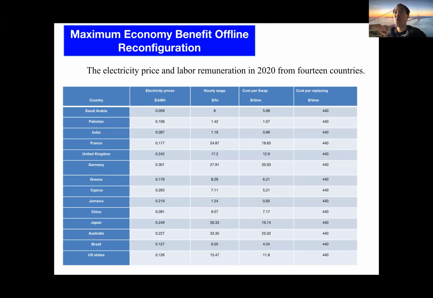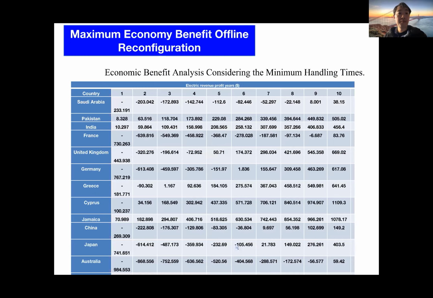Our method works very well in some specific countries, for example Saudi Arabia and the United States, and the United Kingdom also works very well. So this is a comparison of how our proposed method works for different countries.